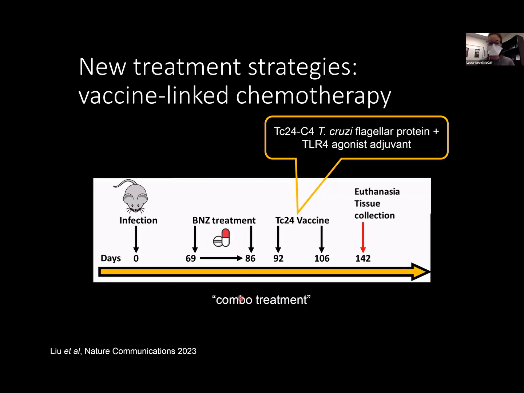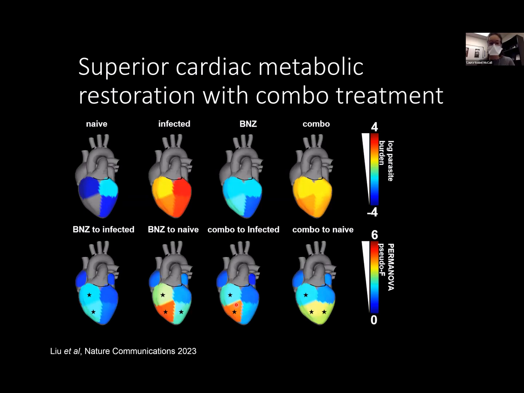And so we'll call this combo treatment here. Looking at our combo treatment, it includes a slightly reduced dose, about a quarter reduced dose of benznidazole compared to the benznidazole alone therapeutic regimen. So we still have some parasites left compared to our benznidazole alone treatment group. But if we look at the effect on metabolism, you'll notice that with benznidazole, we only had a small change to infected. We have a much bigger change with our combination treatments.